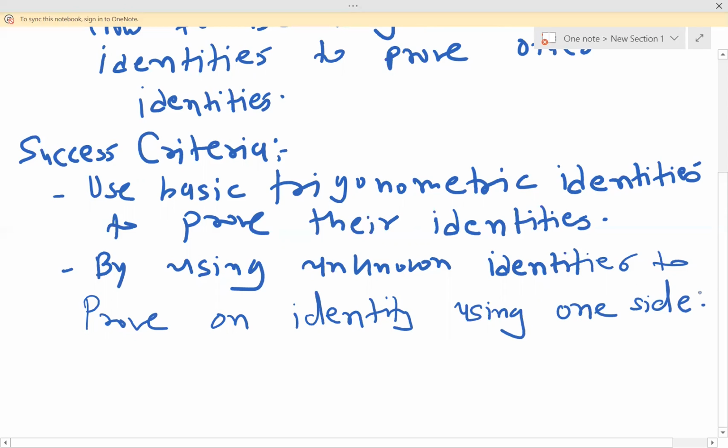That means my success criteria is that I can use any trigonometric identity on one side and prove it to the other side.